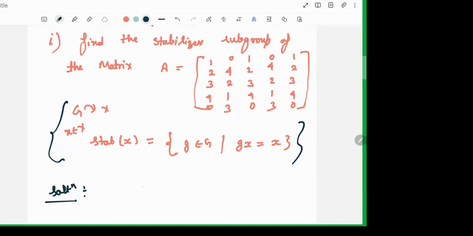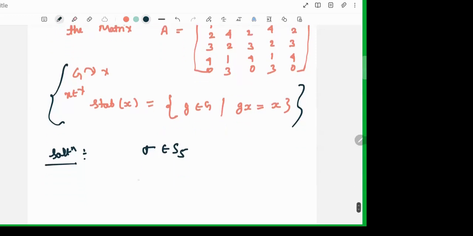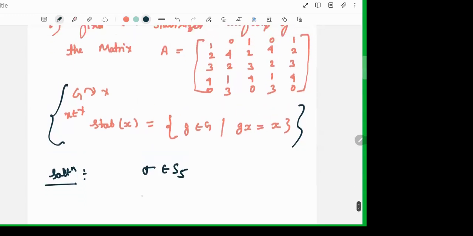Suppose sigma is a permutation in S5 which fixes this A. What are the possible choices of the image of one under this permutation? One can go to one itself, one can go to three, one can go to five, right? One can go only to these three choices because these columns are the same.